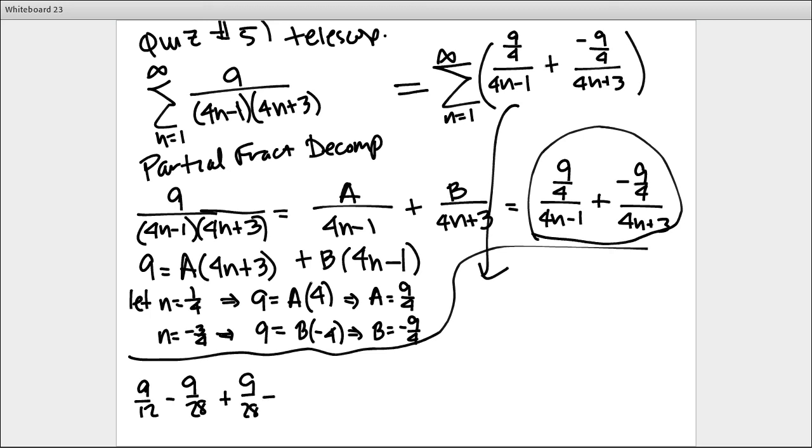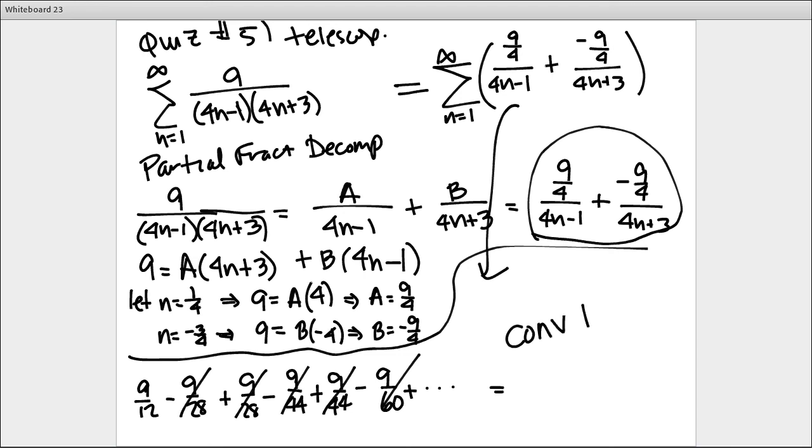Nice. Then minus 9 over 44, plus 9 over 44, then minus 9 over 60, and hopefully you get the point: they cancel, bye-bye. So it converges to what's left over, 9 over 12, which reduces to 3 over 4. That's how you figure it out. Good luck on your test. That's chapter 10, infinite series.